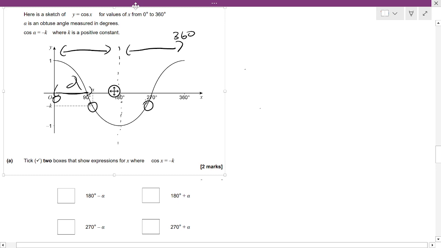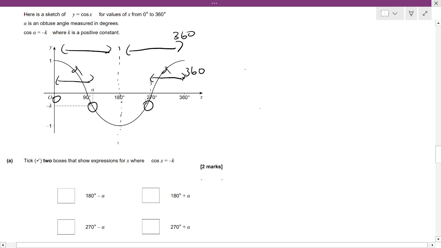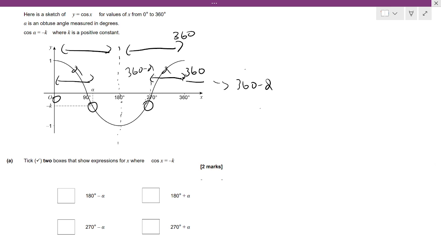So again, because it's symmetrical, the other solution is going to be from 360 to this solution here, and the difference is going to be alpha. So if we want this solution, we're going to have to take alpha away from 360, aren't we? Because clearly 360 minus alpha, and then we add an alpha on, we get to 360.